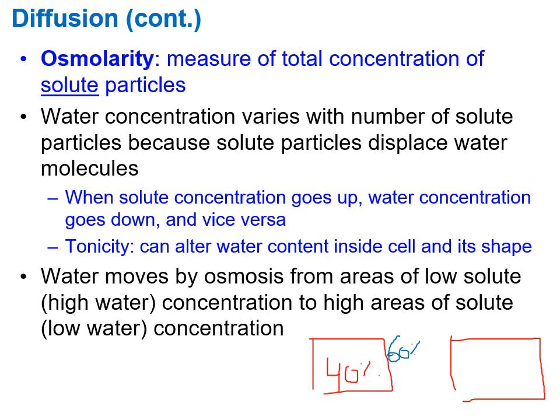Now, what happens if I say, you know what, my sugar, instead of 40%, I want to make it 80%. If something is 80% sugar, that would then mean that it's only 20% water. And we see this relationship in osmolarity all the time. If one is high, the other one will be low.